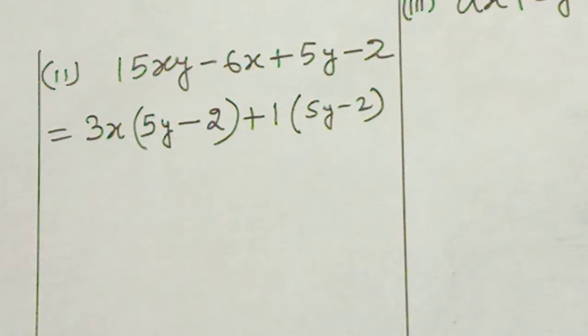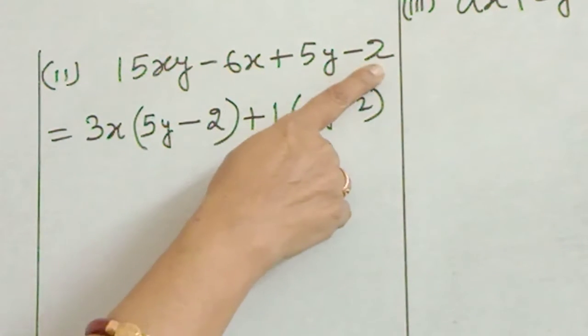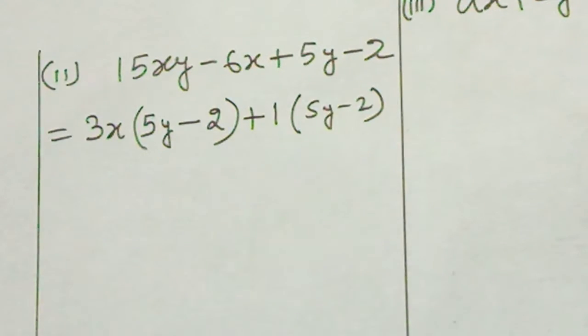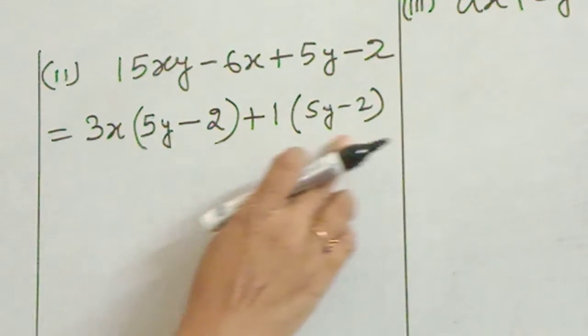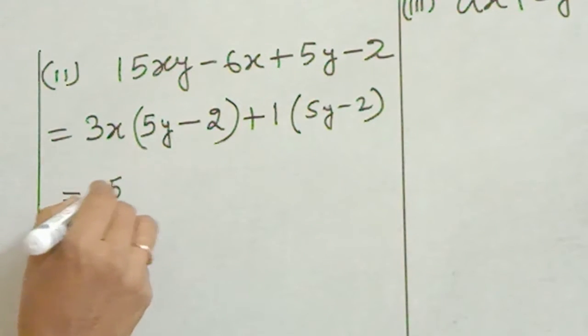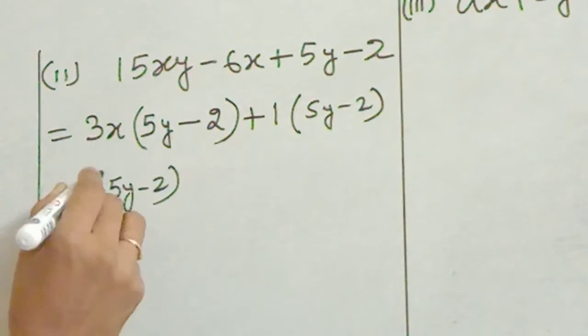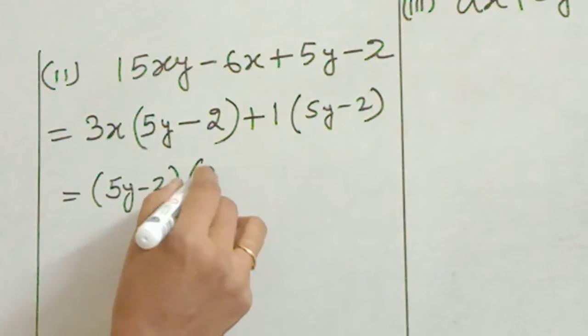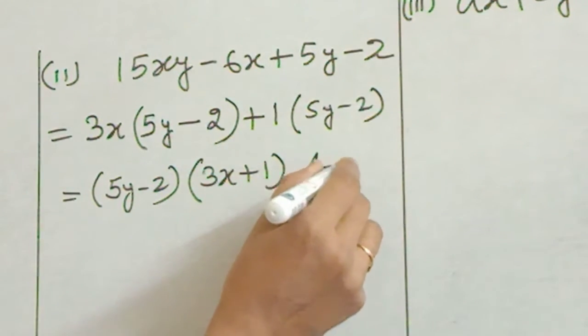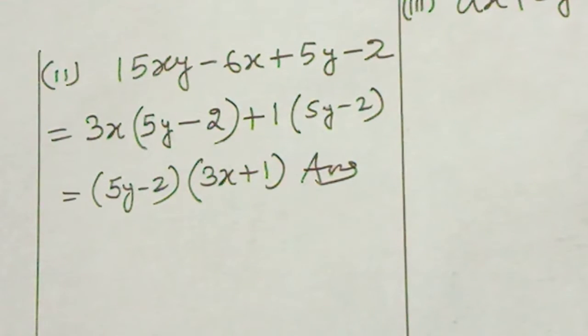So when nothing is there that we can take as common, we will take 1. So now 5y minus 2 and 5y minus 2, we can take 5y minus 2 as common again. The remaining part is 3x plus 1. So this is the answer of this sum.